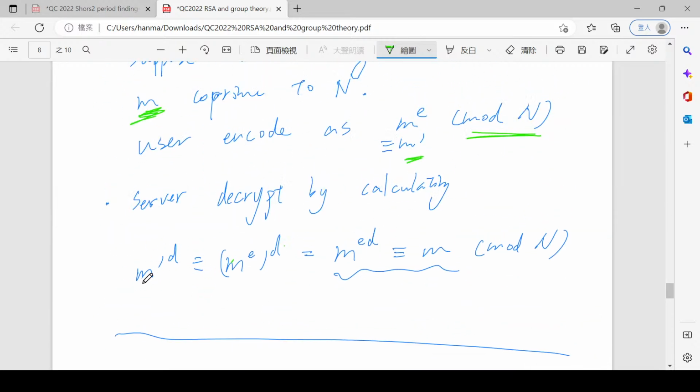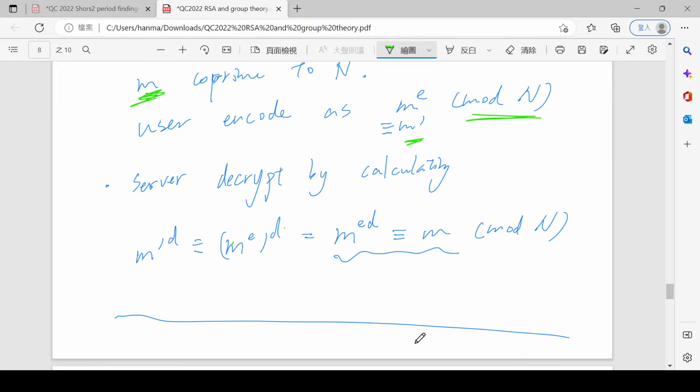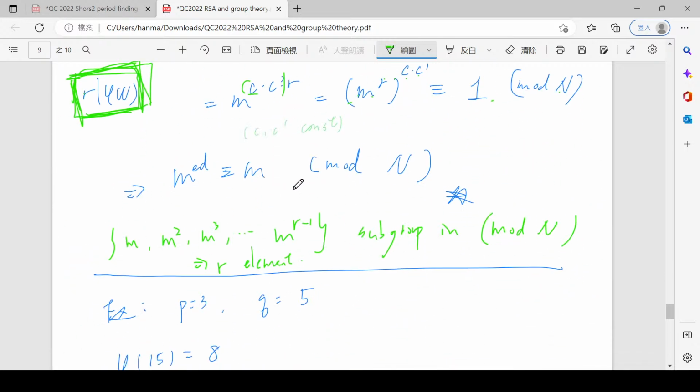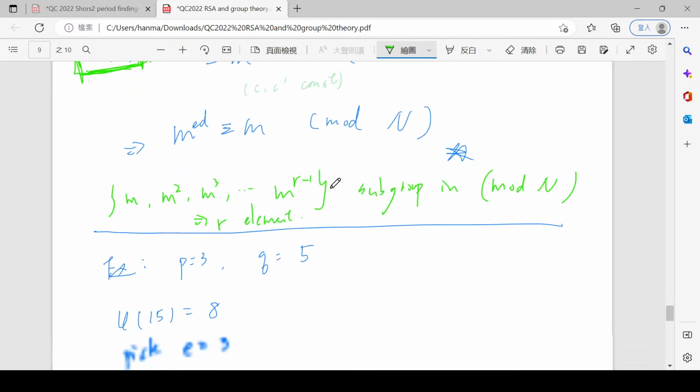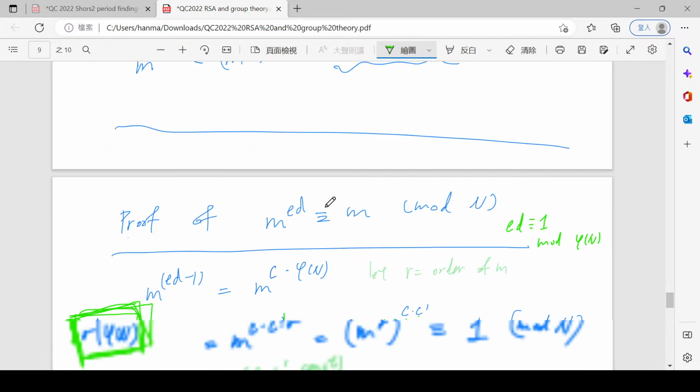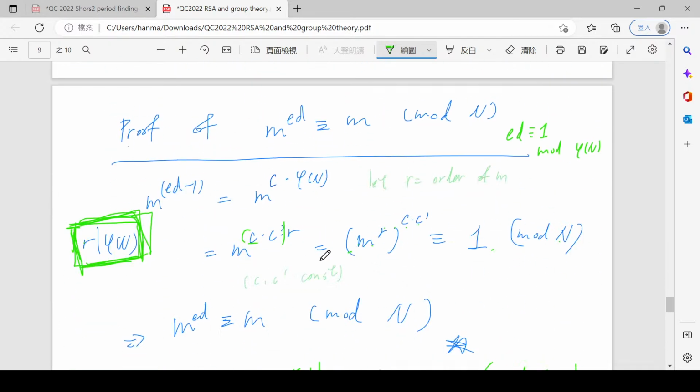Then you take your encrypted message m prime and just exponentiate it d times, and you will get back your original message mod n. So that's the RSA system.